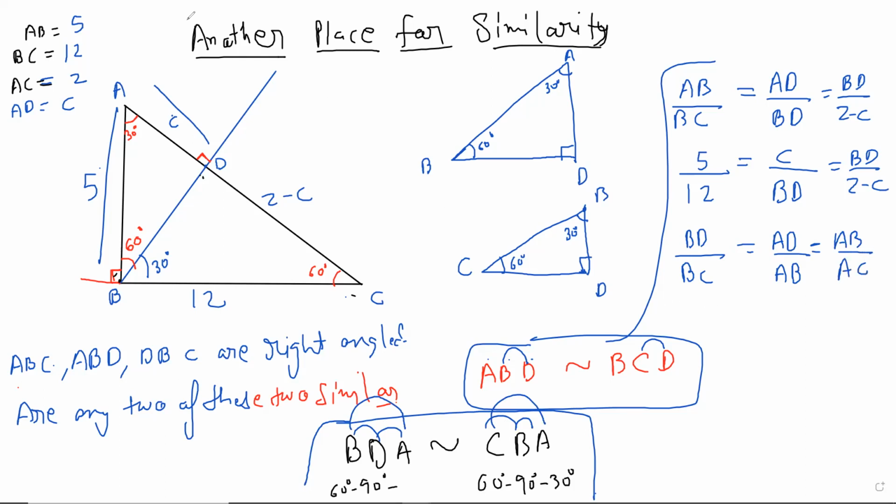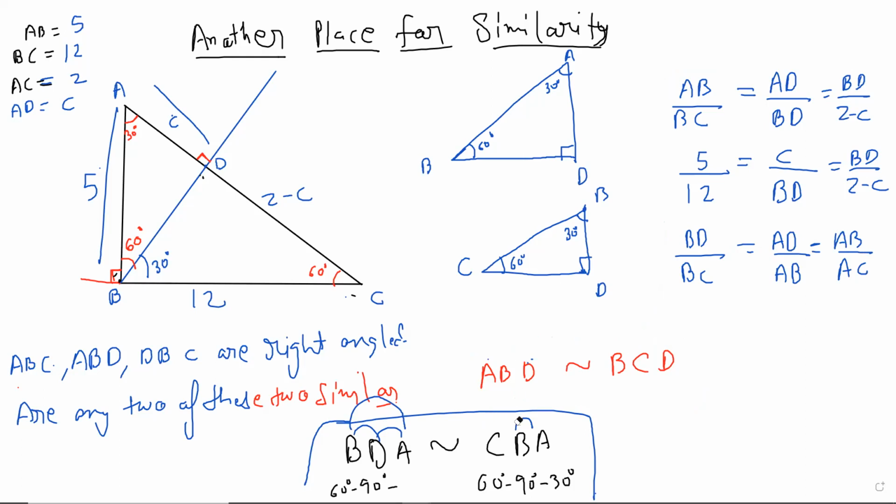So we're just doing it in a very simple manner, trying to tell you that this is a simple thing, not some very tricky thing in some sense. Let's write what we know and what we pretend to know, like these variables. The BC is 12, the AD is C, the AB is 5.